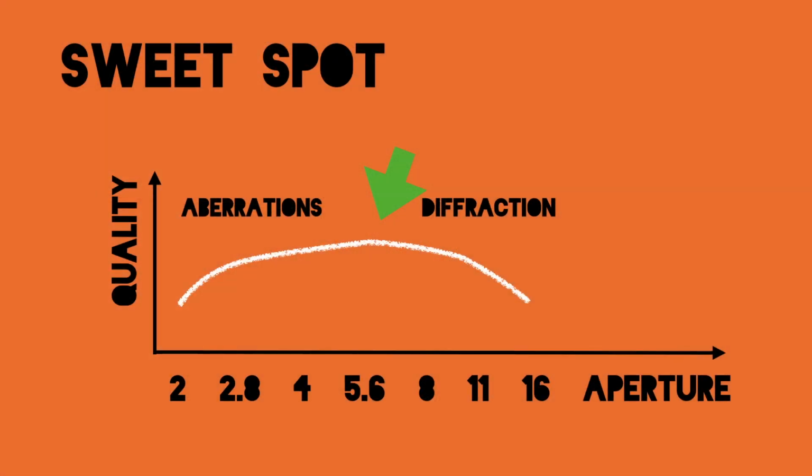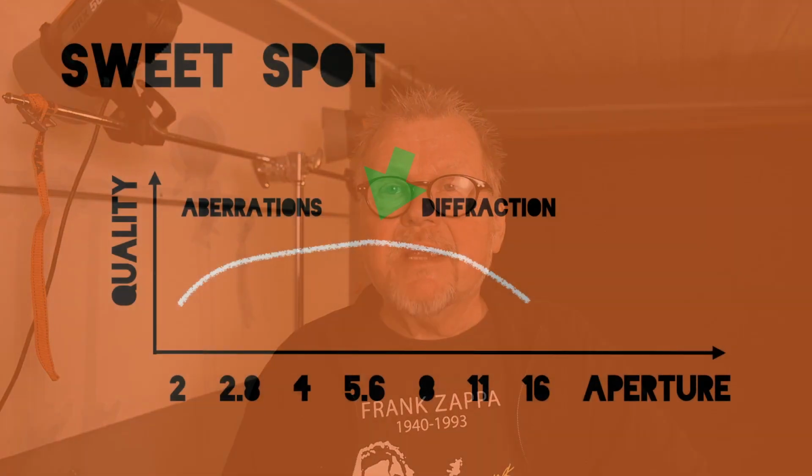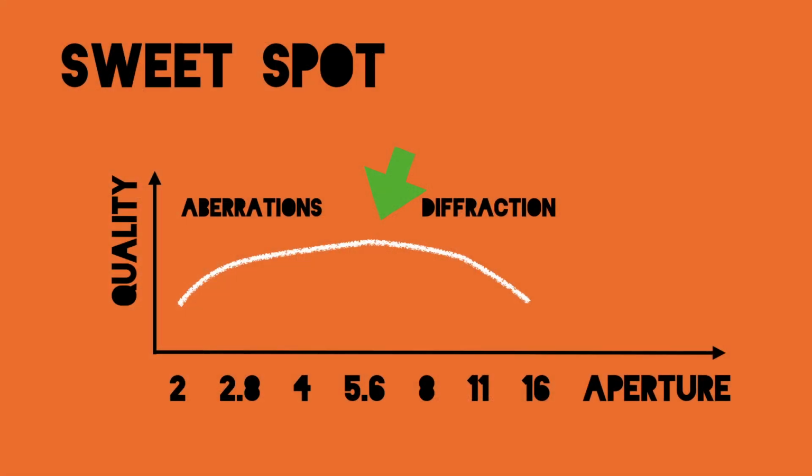And sunstars are shaped in a different way in different lenses. A lens also has a sweet spot. The different aberrations often go away more or less when you stop the lens down. But when you stop the lens down very much, diffraction takes over and makes the quality worse.